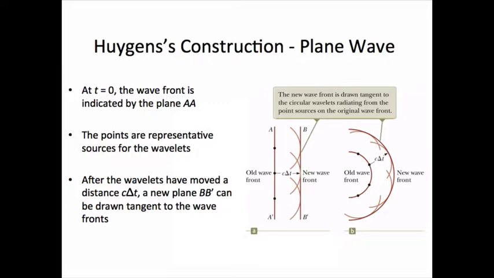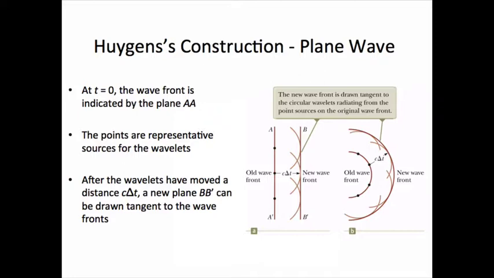Now, if we have a plane wave travelling along with the wavefront being a straight line, then we can see on the line joining A and A dash that we're treating that line as a row of dots that are going to be points on the wavefront that will act like point sources. Now you can see that each dot on that line on the left emits a little wavelet.